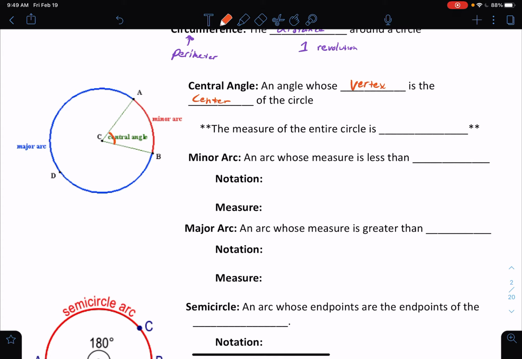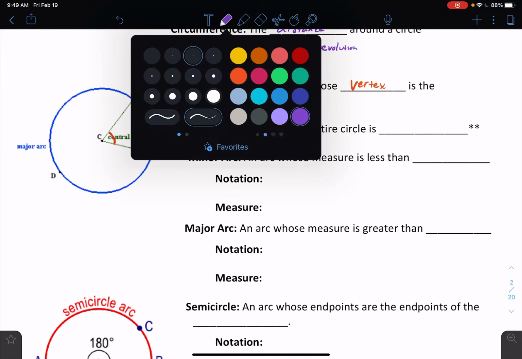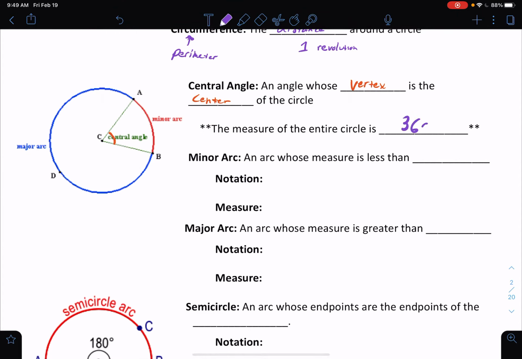Now, before we talk about those, the entire circle is how many degrees? The entire circle is 360 degrees. It doesn't matter what size of circle you have. You could have a circle this small, or this big, or even bigger. No matter what, it always has 360 degrees. That's not saying that the circumference is always 360.